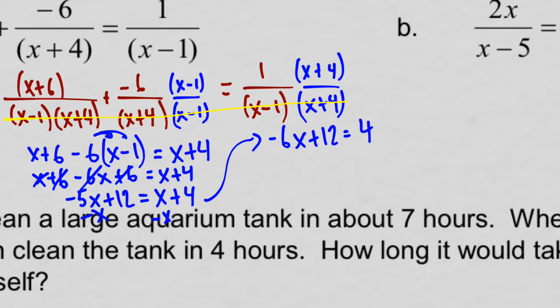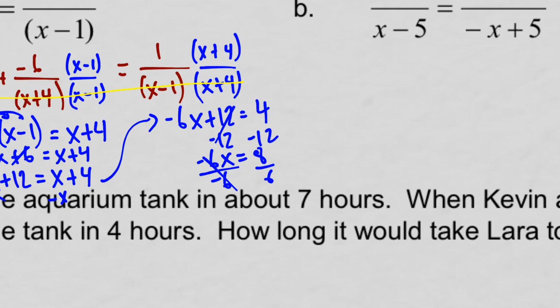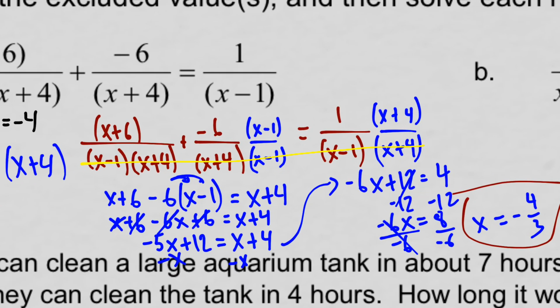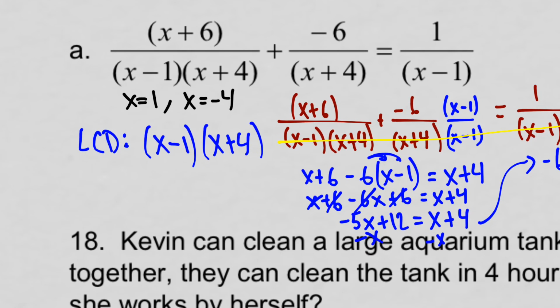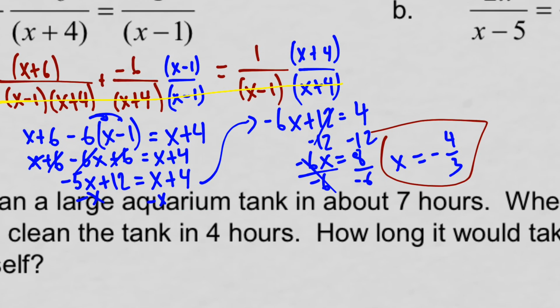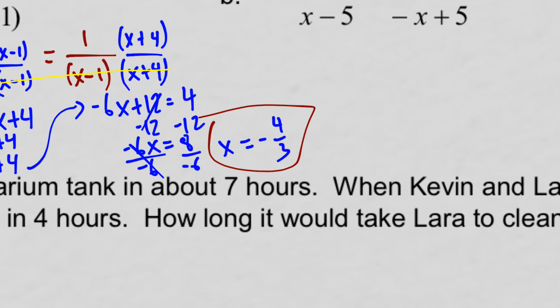I'm going to subtract 12 from both sides. -6x equals -8. And finally divide by -6. And I'm going to get x equals -4/3. Compare that to the excluded values from earlier, which were 1 and -4. There's no contradiction there, therefore that is your solution.